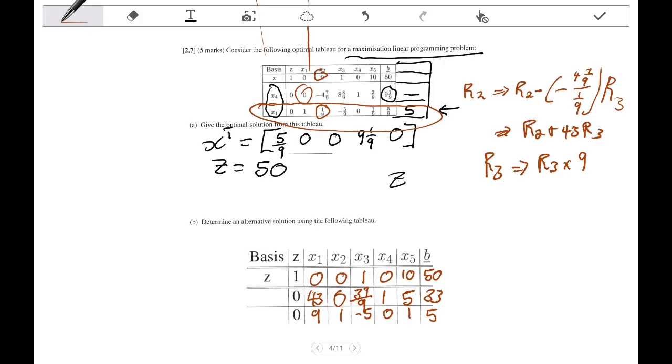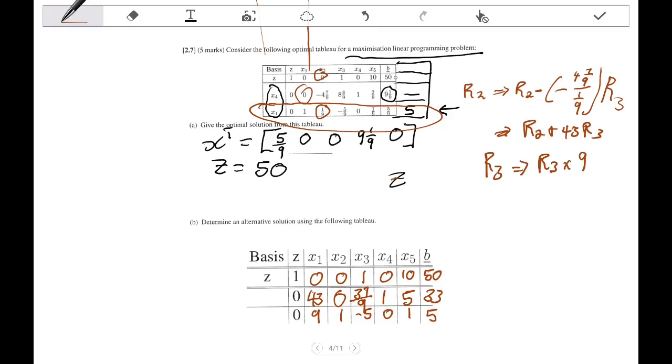So since it is such, you have to identify the alternative solution. We had a non-basic variable that has a 0 coefficient on the objective function. That's why we have an alternative solution. So this is the alternative solution. To check that it's an alternative solution, check the value of b.